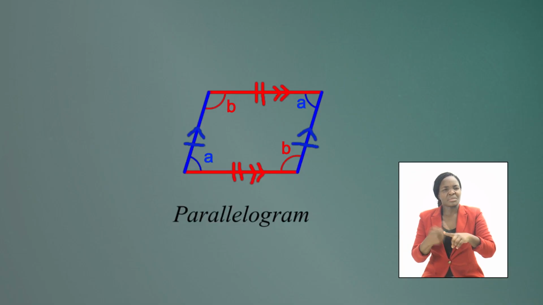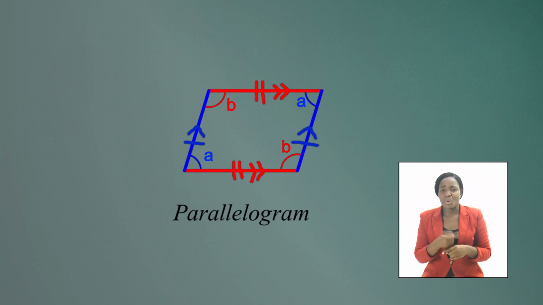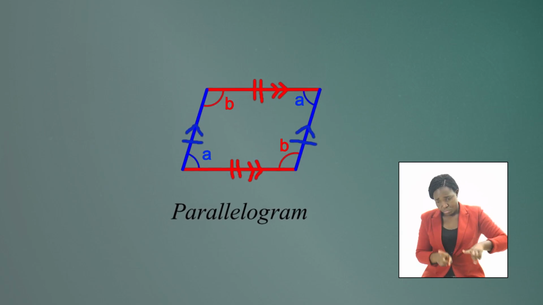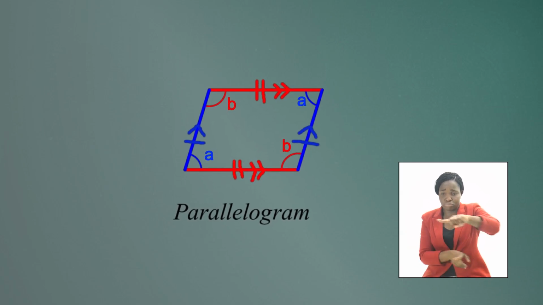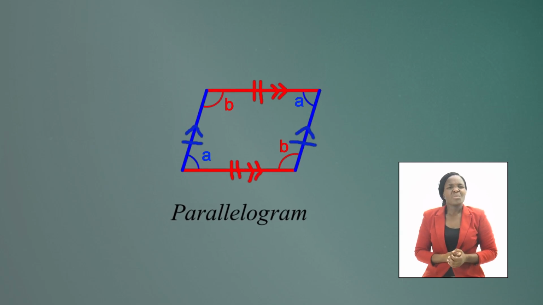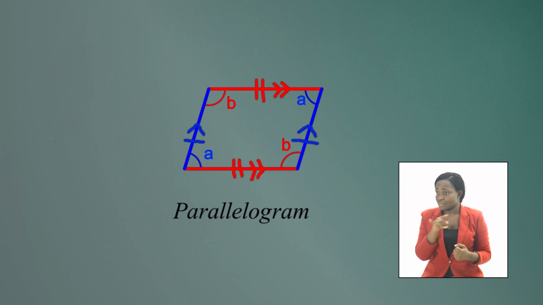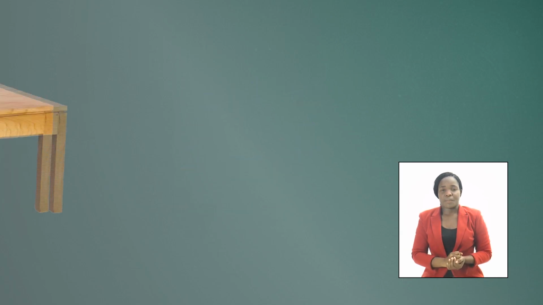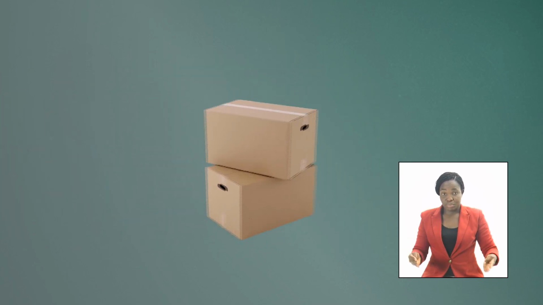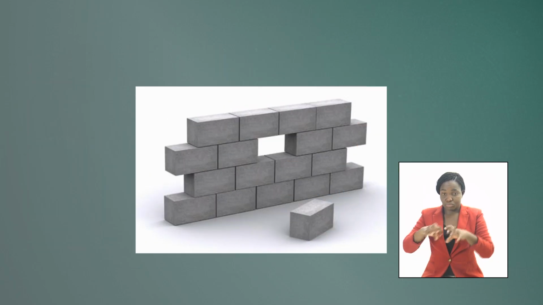Parallelograms are a very common shape. Any shape with 2 pairs of parallel sides is a parallelogram. Real-life examples are everywhere. See if you can identify the 2 pairs of parallel sides in the surfaces of tables, desks, boxes, building blocks and bricks, paper, a cell phone, blankets.